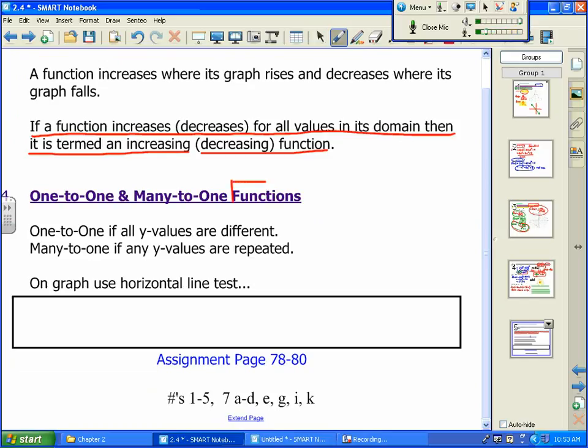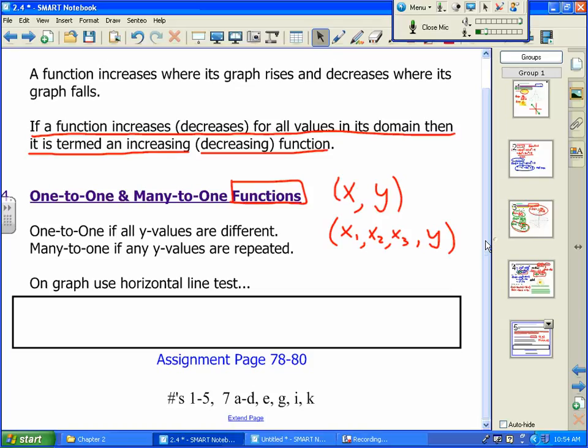As will this be, in terms of B30, one-to-one and many-to-one functions. What I mean by one-to-one is you've got one x value and only one y value. Many-to-one will have many x values to one specific y value.